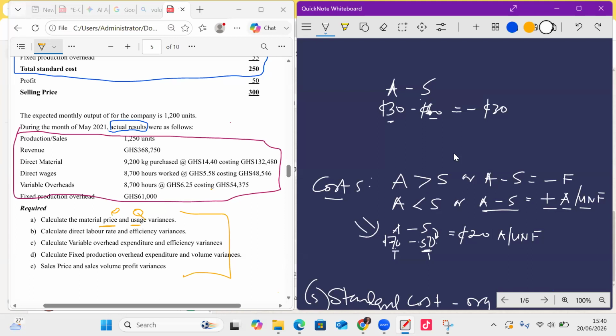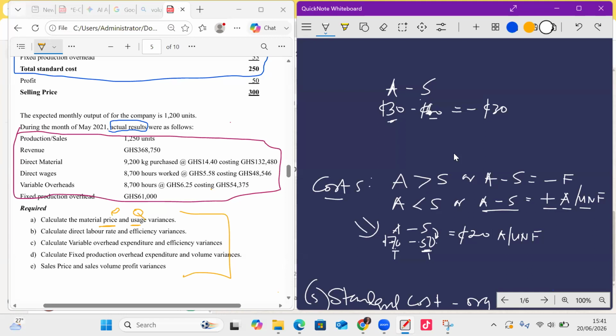You estimated that the cost price is 60 for a material you're going to buy. You went to the market, it is 30. Have you gained or lost? You've gained. I've gained 30 because my estimation was higher than the actual price, and the difference is 30.